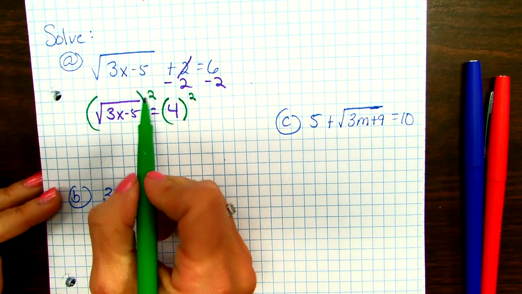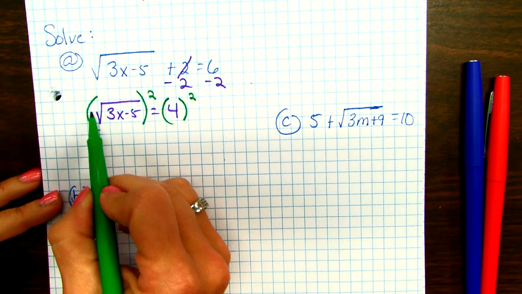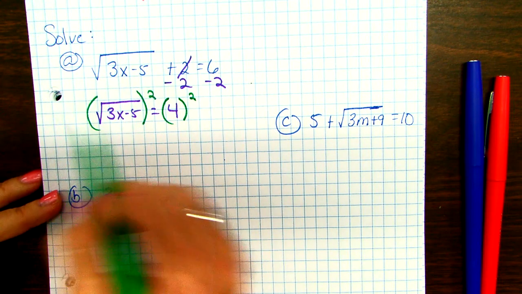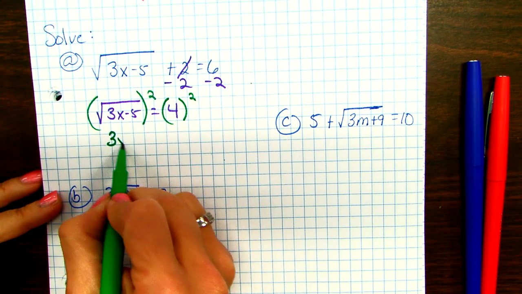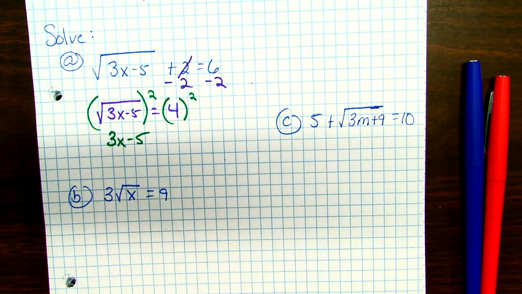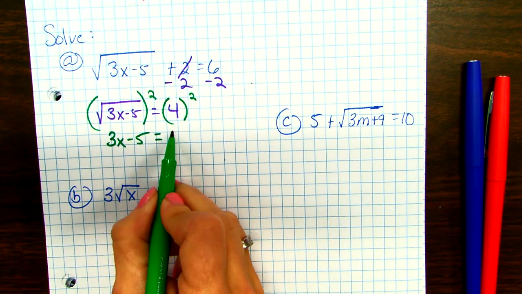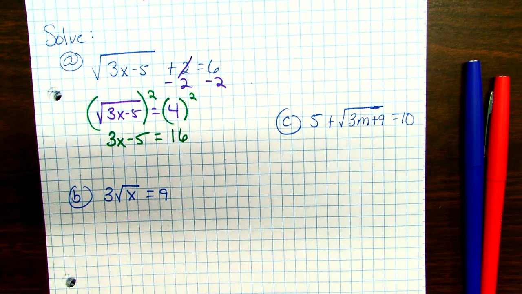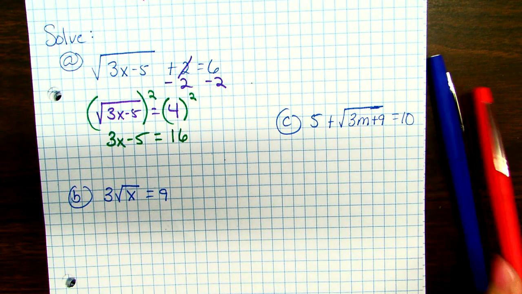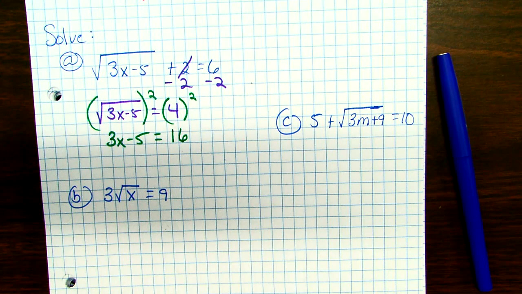Okay? So look, squaring a square root gets rid of all of the junk. We're just left with 3x minus 5. It's free. Look how easy that was. The radical is gone. And then when you square a 4, you get 16. The rest of the problem is just solving for x. I'm going to add 5, divide by 3, like you've been doing since, what, 6th grade, 7th grade?